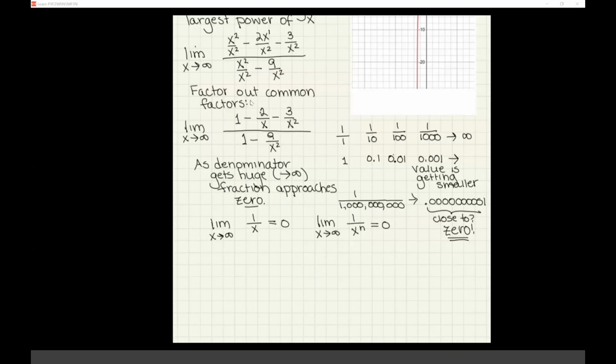Okay? So this is the fact you're going to use here. All of these fractions will approach 0 as x gets huge. So basically, you're going to get a limit that looks like this once you take it.